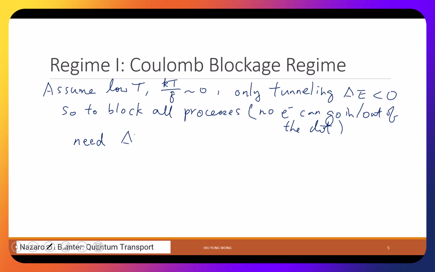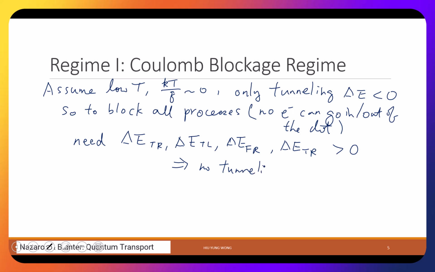I need delta E_L and delta E_R, maybe I start with the right one, delta E to the right to be larger than 0. Right? So that if they want to have this process happen, they need to gain energy. But it does not, and in that case we have no tunneling. This is the Coulomb blockade regime.